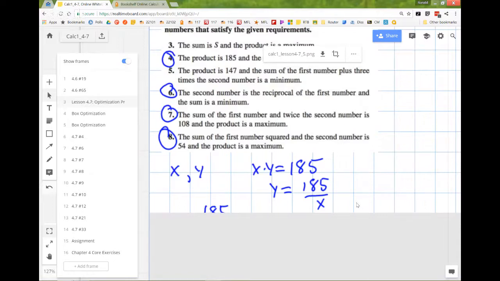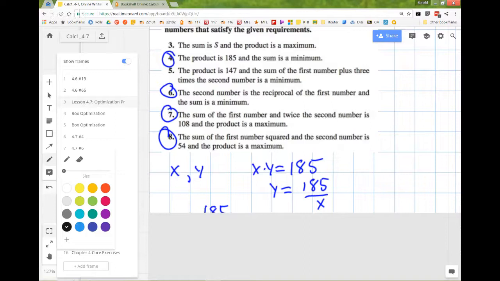Do you follow? We don't really want to use 2 different variables, x and y, but to get going, this is what you would do. x times y equals 185, and then we come up with an x way of saying y. So in effect, our 2 numbers are x and 185 over x.